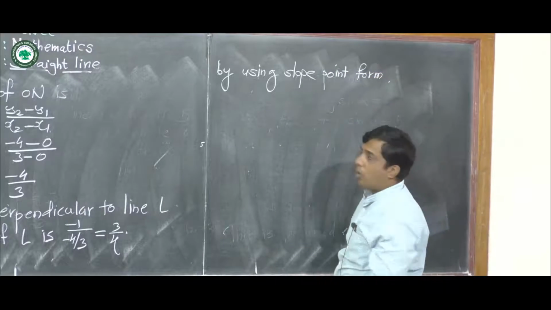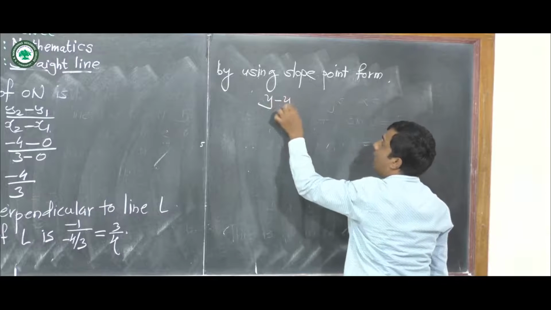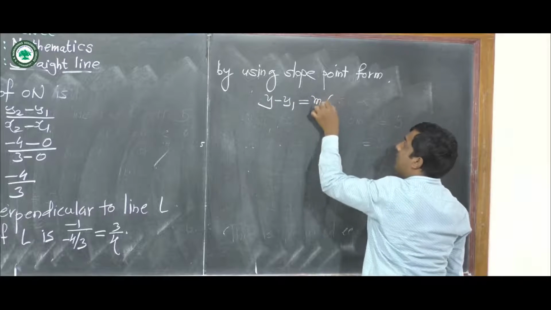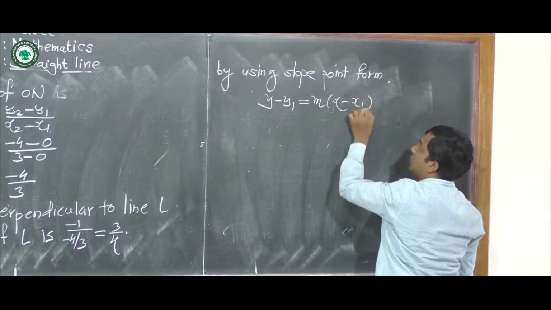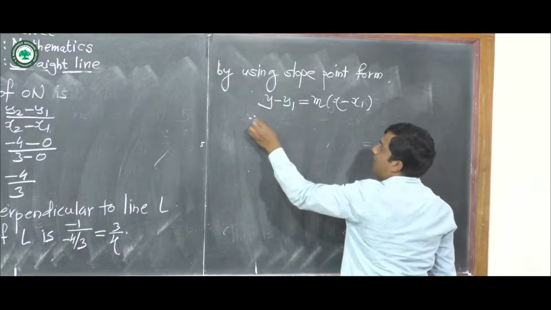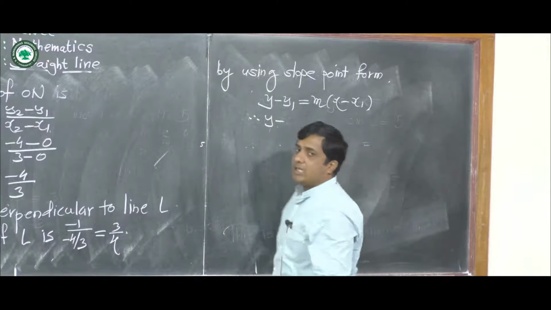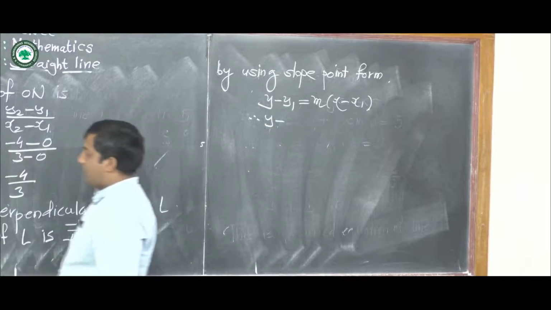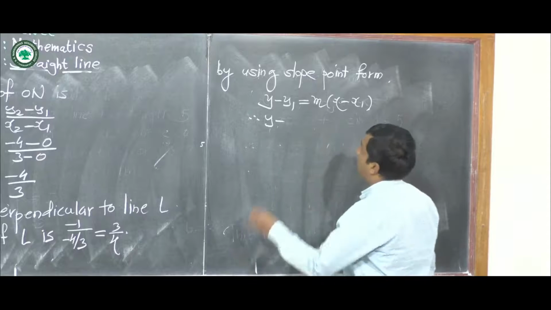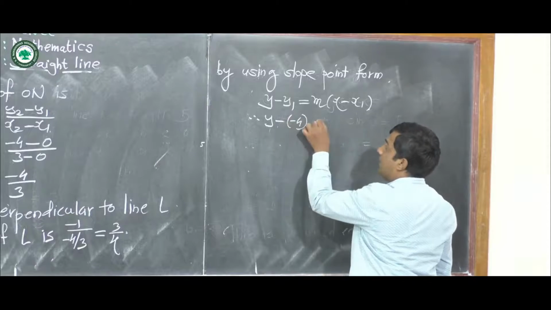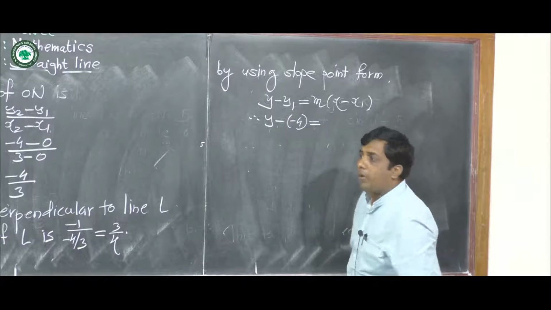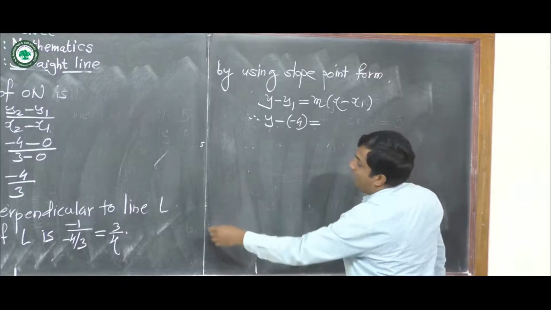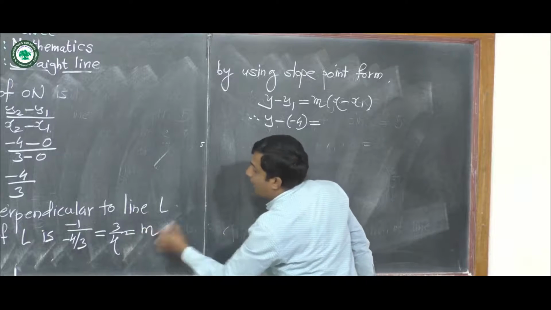Okay, here we know slope point form is y minus y1 is equal to m into x minus x1. Therefore, let us consider coordinates of point N as x1, y1. Here x1 is 3, y1 is minus 4. So here we replace y1 by minus 4. We know m, that is slope of line L, is 3 by 4.